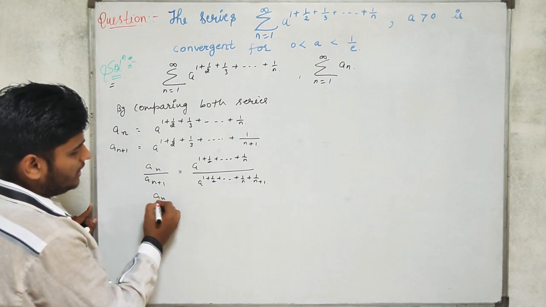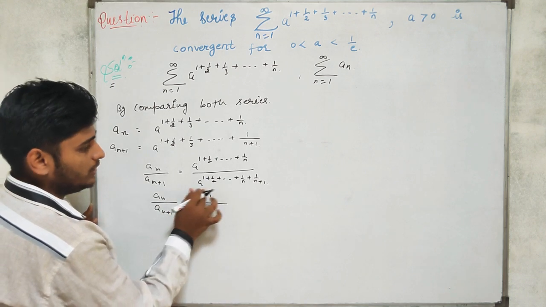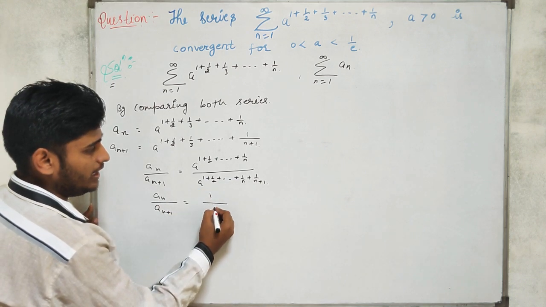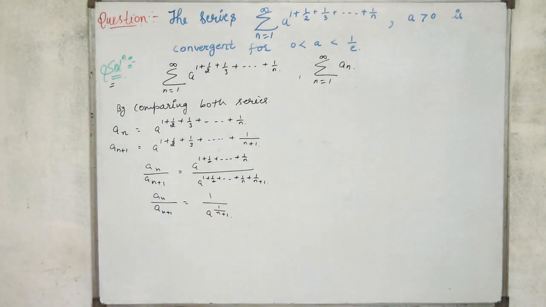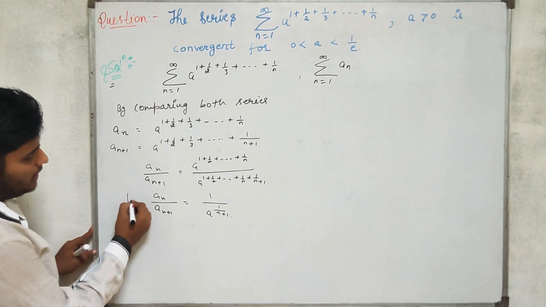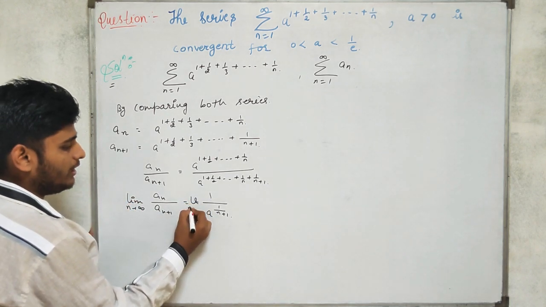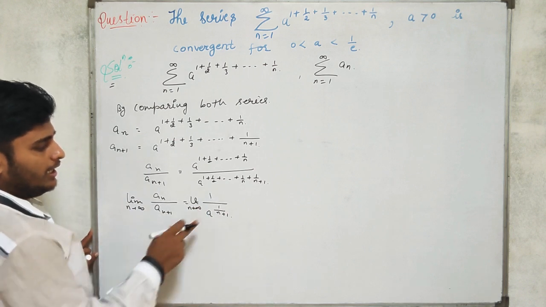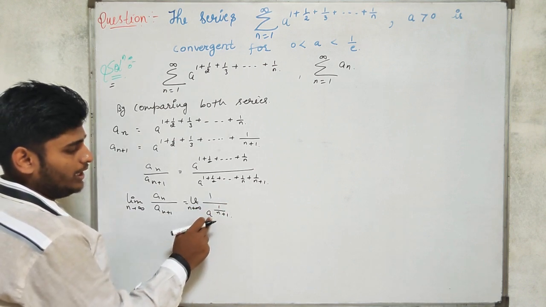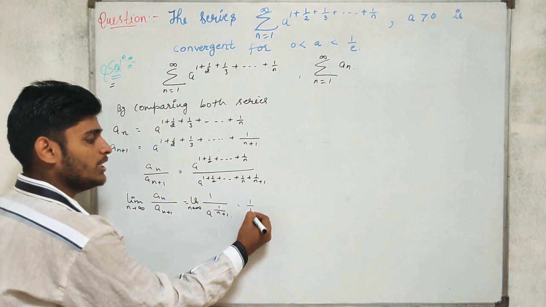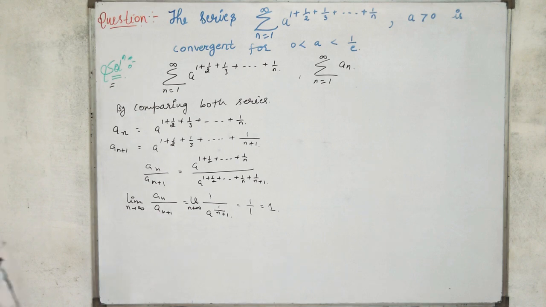So a n upon a n plus 1 is equal to 1 upon a raised to power 1 upon n plus 1. Now applying limit on both sides, limit n tends to infinity, it's 1 upon infinity which is 0, a raised to power 0, so we get 1 upon 1 is equal to 1.